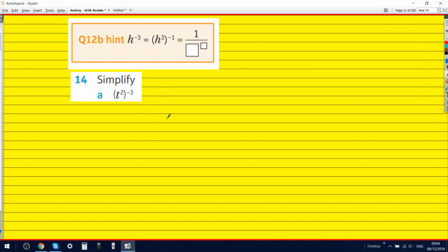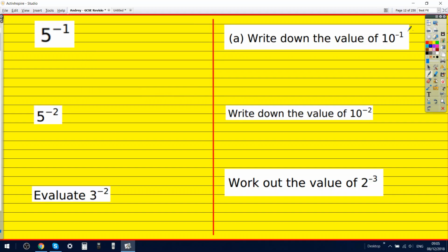So this one: t to the power of minus 6. And how else can you write that? 1 over t to the 6. That's it.